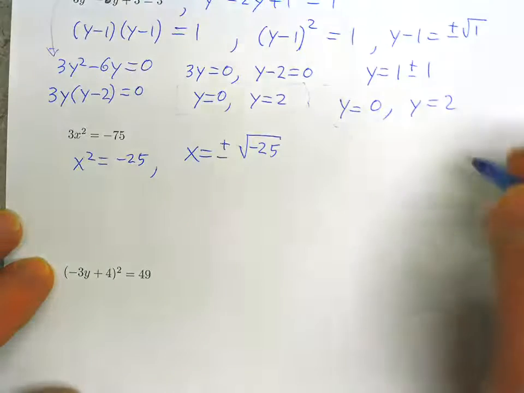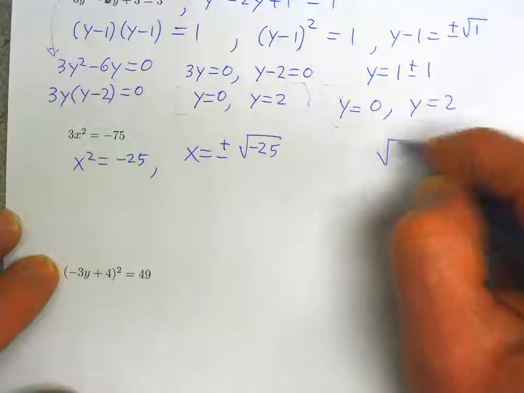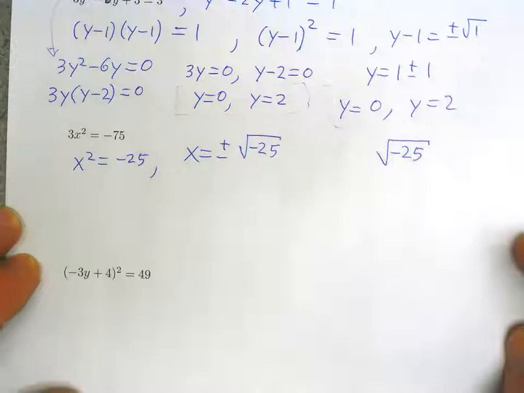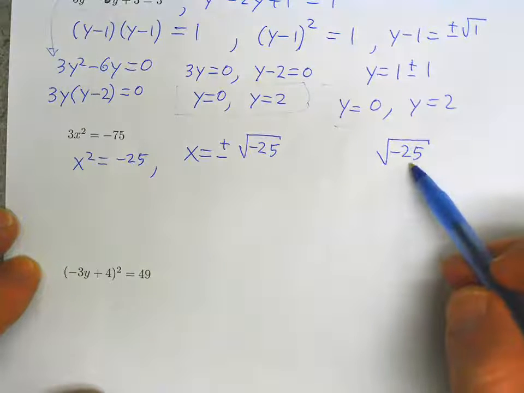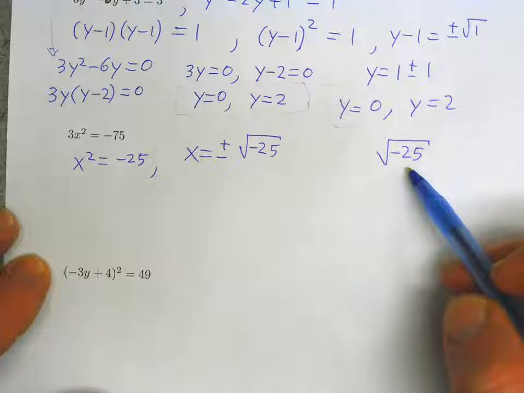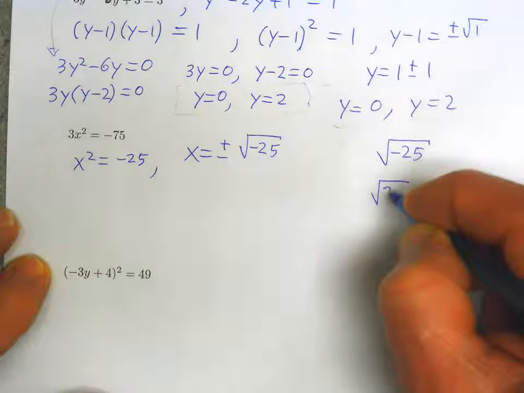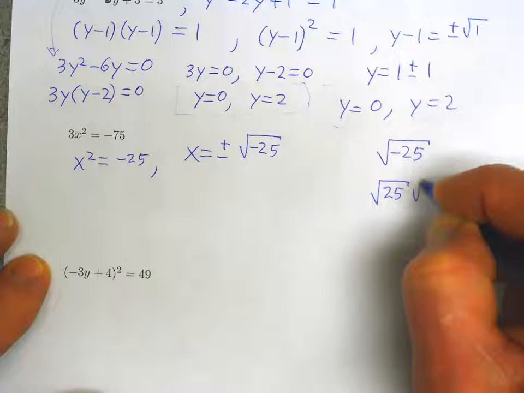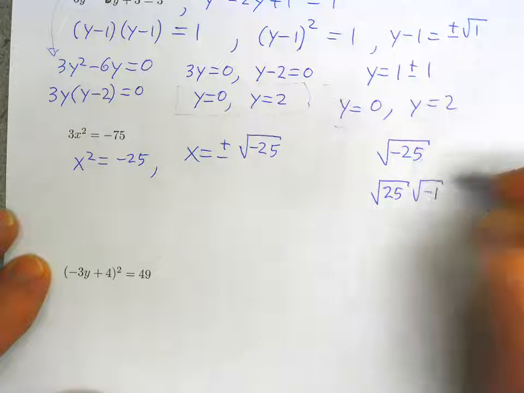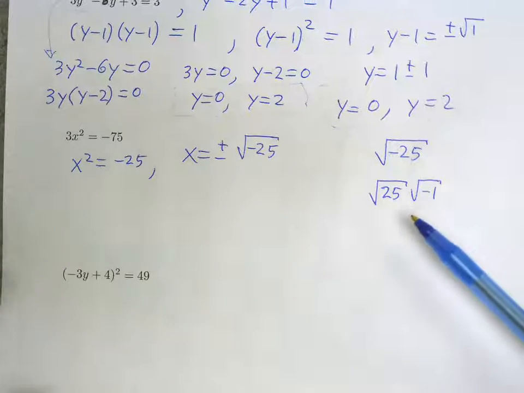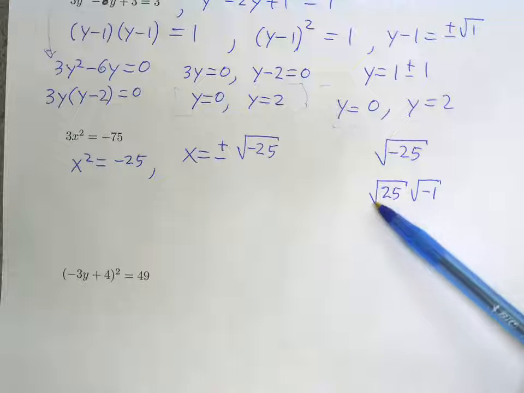So over here on the side, let's review what we know about square roots of negative numbers. The square root of negative 25, we can think of this as the square root of positive 25 times the square root of negative 1. We can do this because of the product property of radicals.